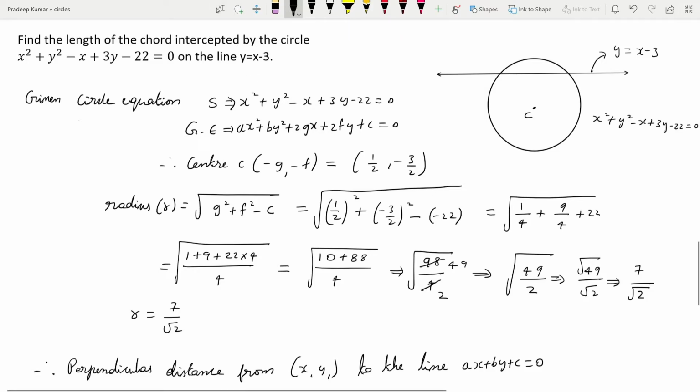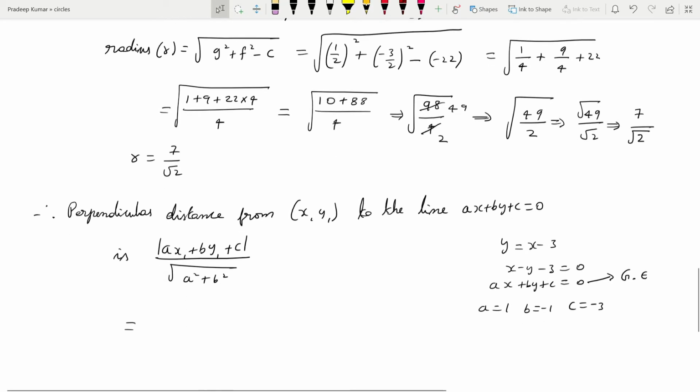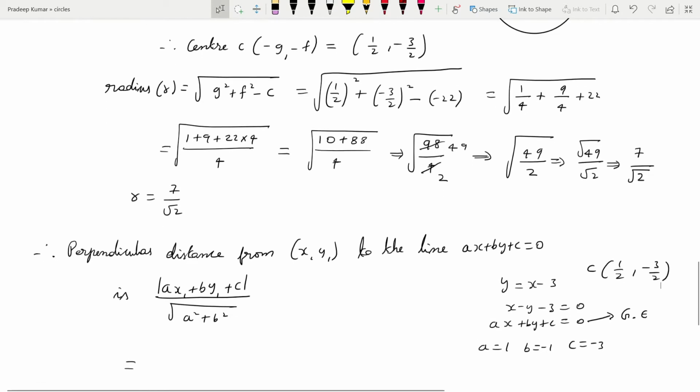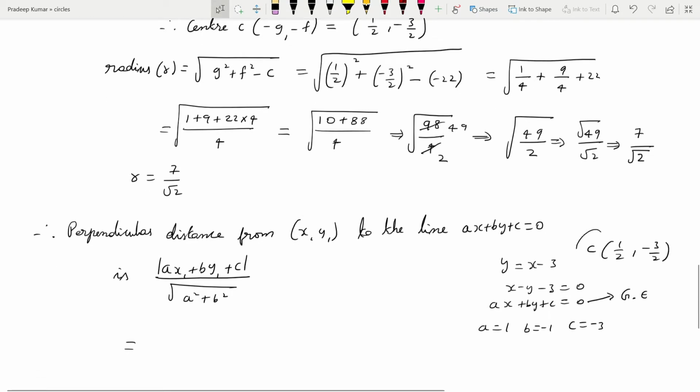So I have taken that and I have got the a, b, c values over here, and I'll also write the center values here. The center is 1 by 2 and minus 3 by 2. We'll use all these values and substitute here and see what we get.